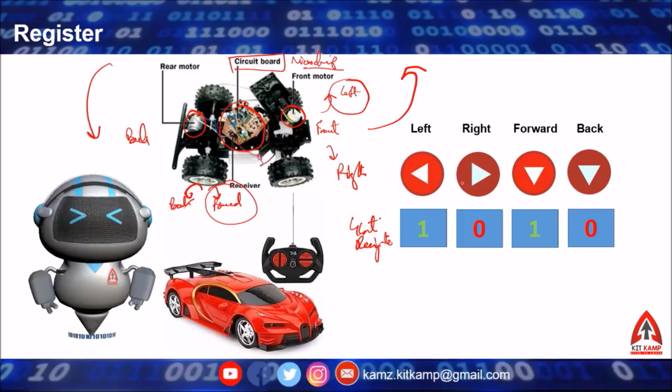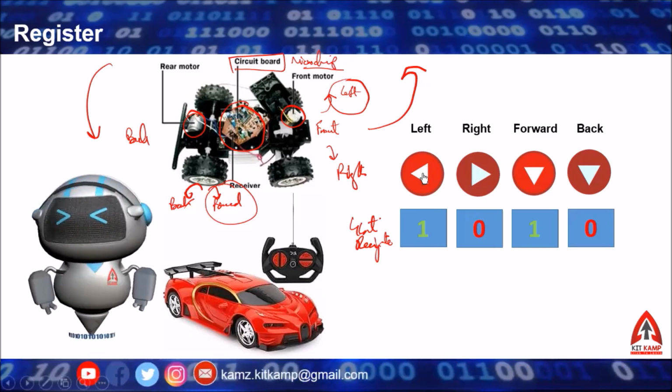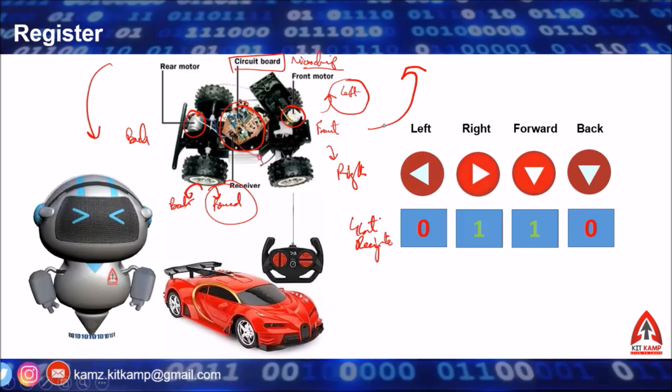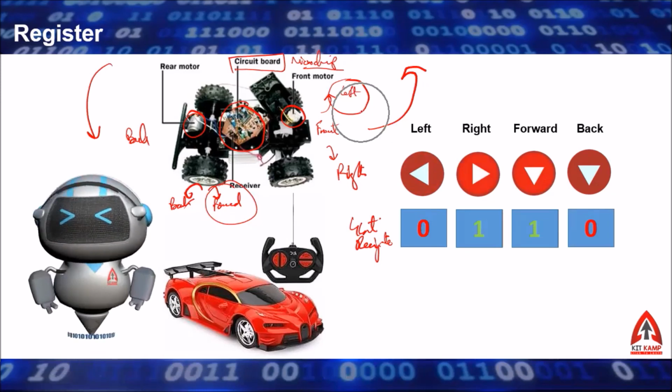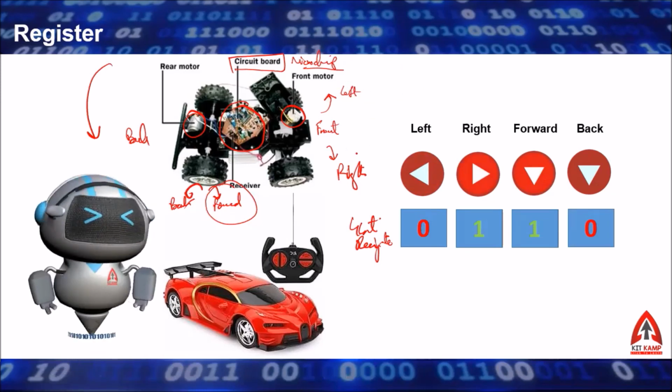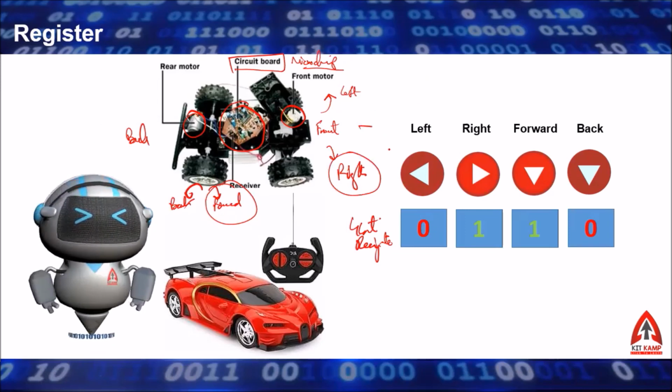And if I press right and forward, it is moving towards right and forward. So it is going to rotate in a clockwise movement. Same with that, you can go with further combinations.